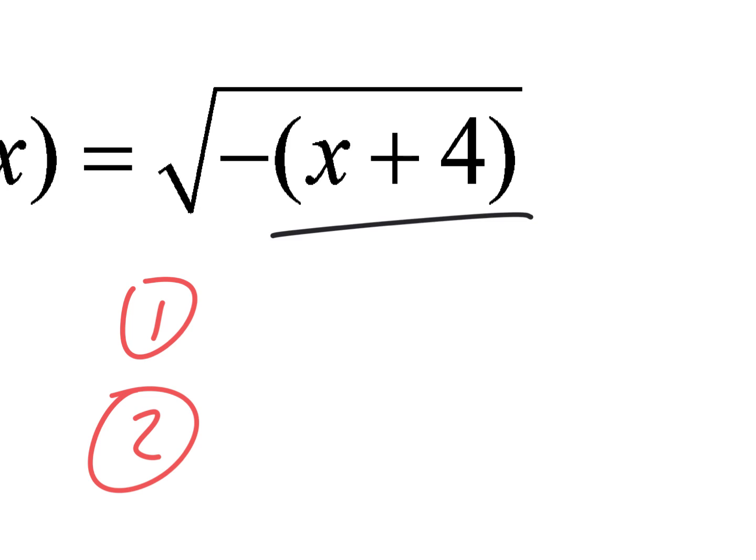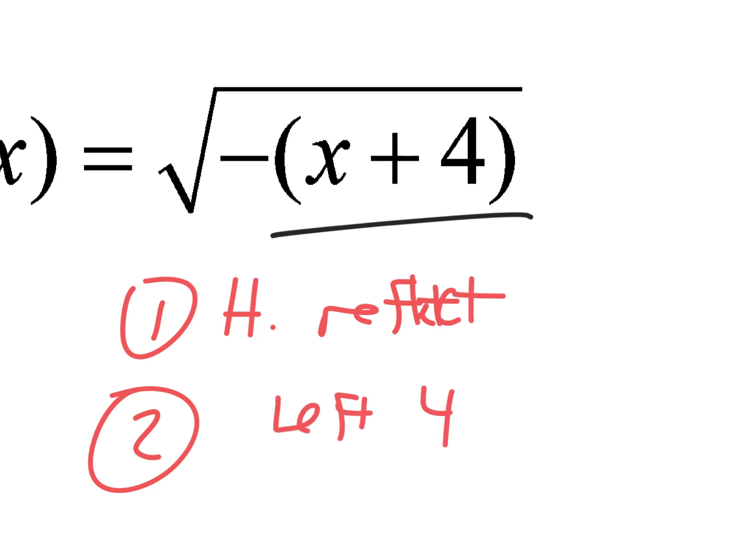See, that's actually the best argument for why the negative should be first, because normally isn't the inside of a parentheses first? So then it's not first. That reflection should be first. Final answer. Horizontal reflect is first. And the left 4 is second.